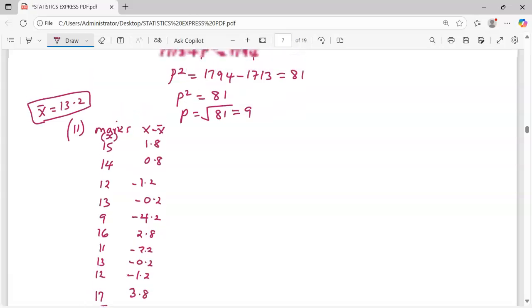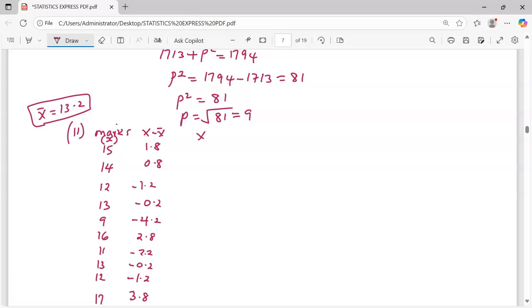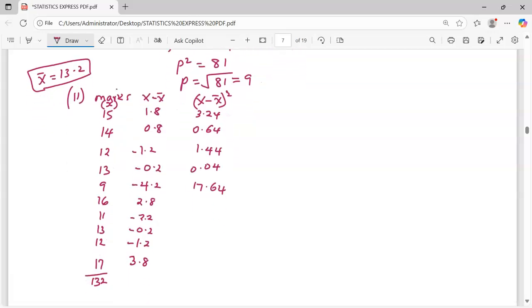After that, we are going to move to the summation of x minus the mean of x squared. So we are going to square all these values. So 1.8 squared will give us 3.24. 0.8 squared, you get 0.64. Negative 1.2 squared, you get positive 1.44. Negative 0.2 squared, you get 0.04. Negative 4.2 squared, you get 17.64. 2.8 squared, you get 7.84.